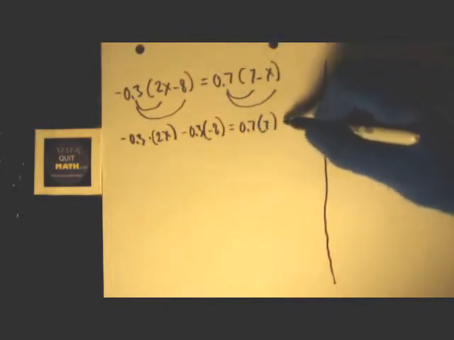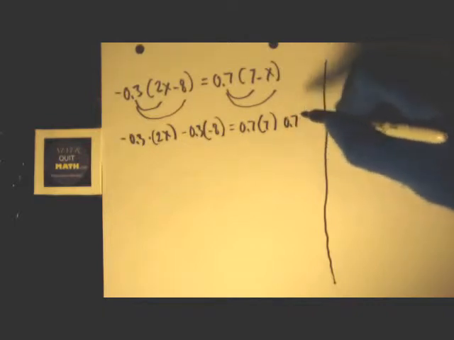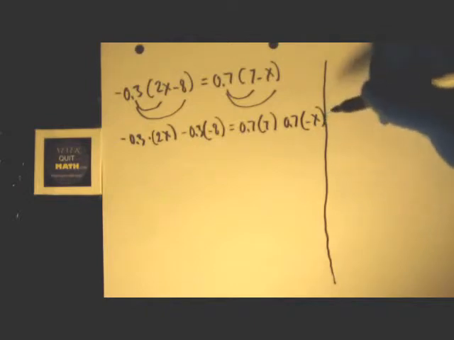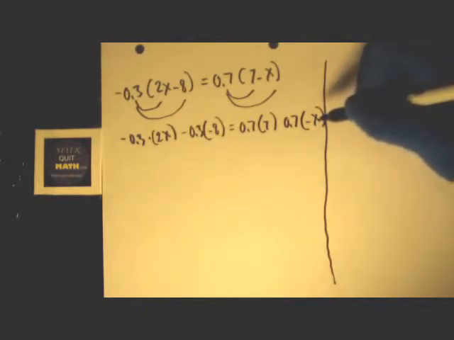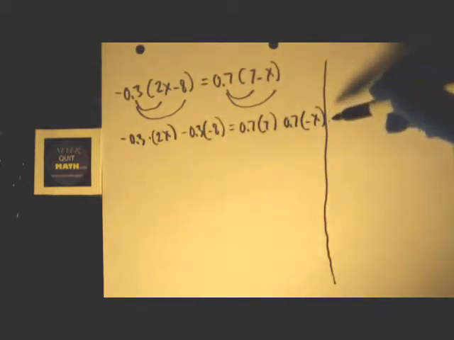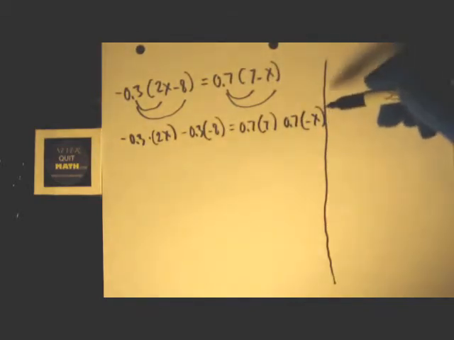It's going to be equal to 0.7 times 7, distributed right there, and then 0.7 times negative x. Everybody see how it works? Let's continue with our steps and make sure we do everything correctly.